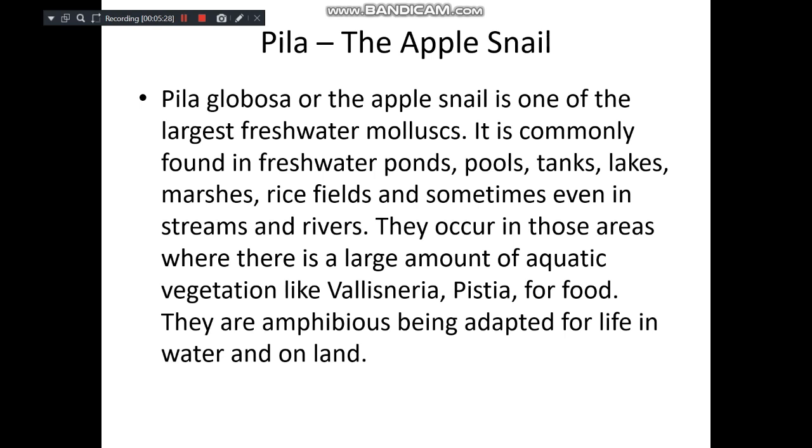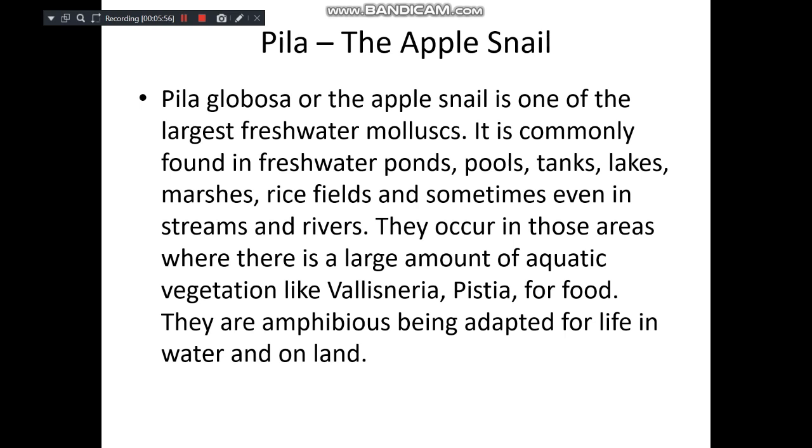They occur in those areas of the water body where there is plenty of aquatic vegetation. If aquatic plants like Vallisneria and Pistia are there, naturally you will find this apple snail, because the apple snail is a herbivore. It feeds on these aquatic plants.